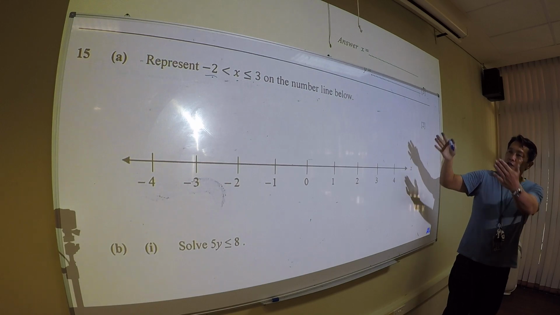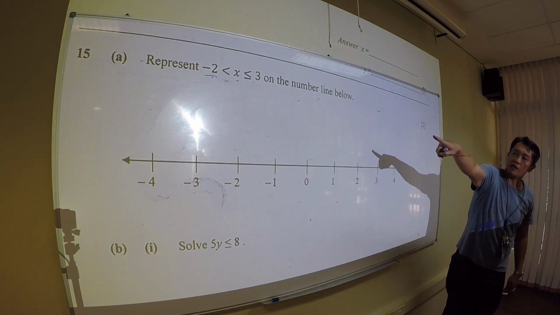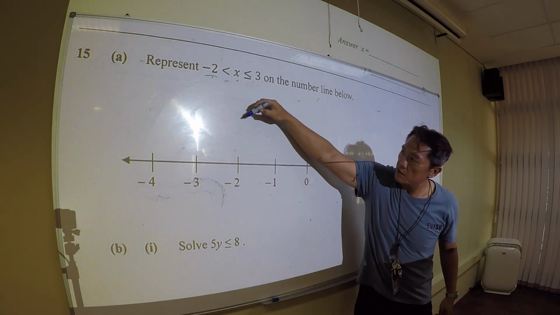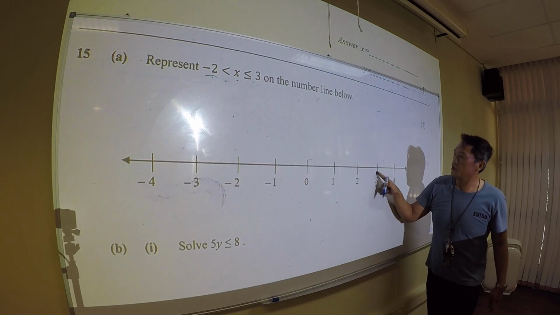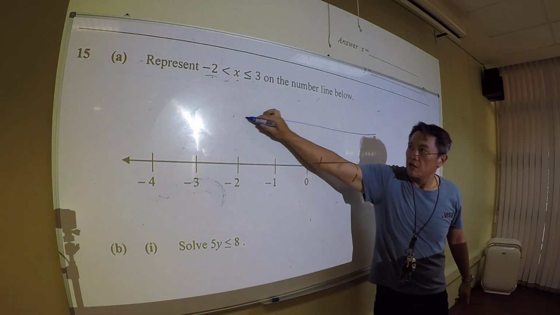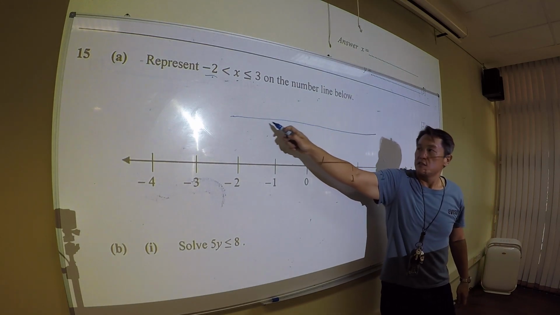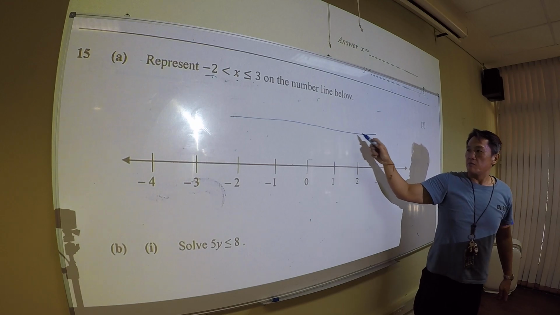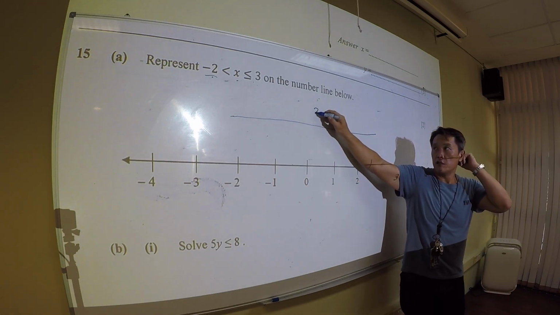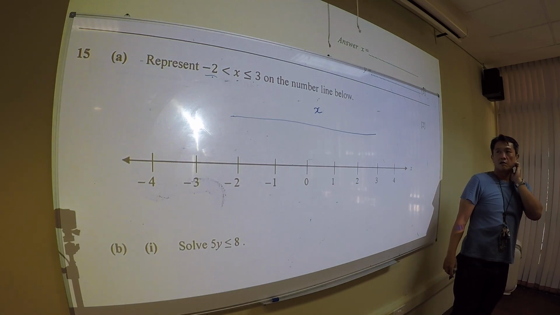You want to represent the number that is between negative 2 and 3. So negative 2 is here, 3 is here. You draw one line. You are saying all these numbers between negative 2 and 3 is what you want.